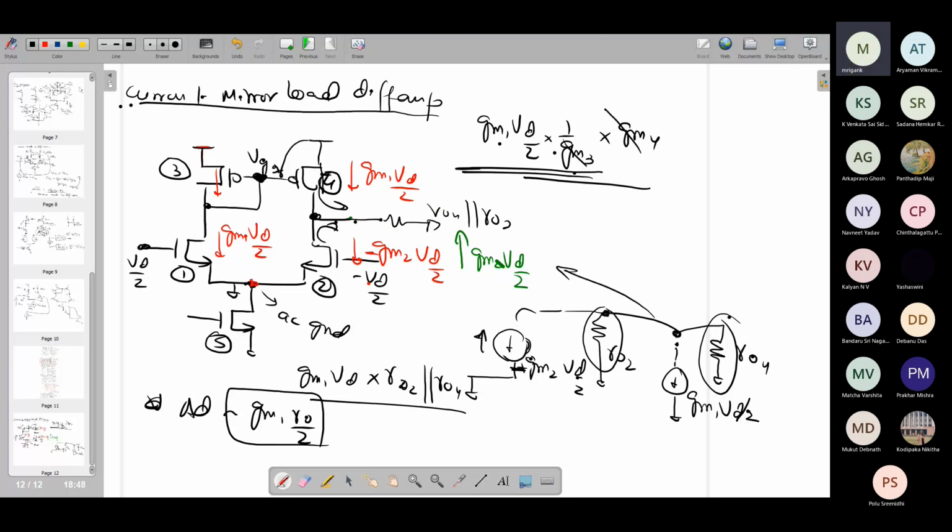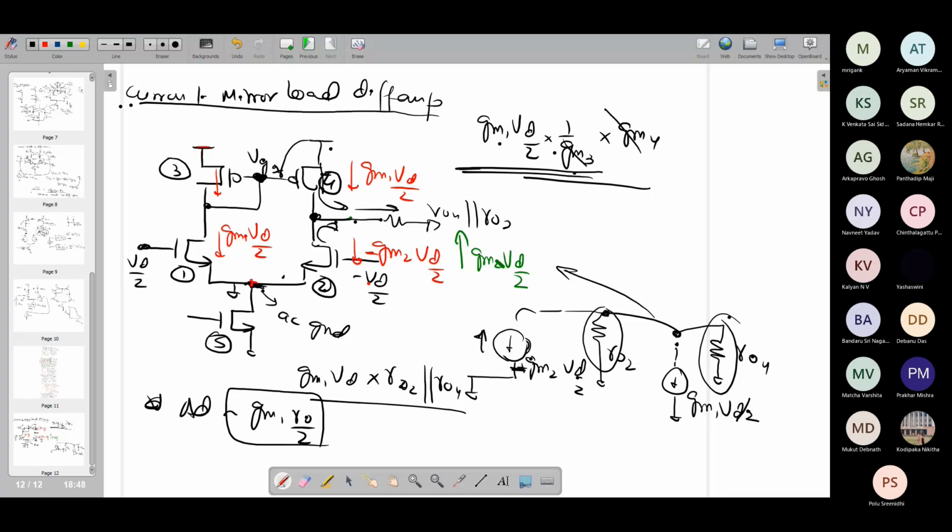Because ultimately the drains of these two are together. The small signal impedance of RO4 comes between the drain and ground. The small signal impedance of M2 comes between the drain and AC ground. Therefore, they are basically in parallel, because this is AC ground. Therefore, we just say that this overall small signal current is flowing into the output node or output impedance, which is RO4 parallel RO2, and therefore the overall gain is this.